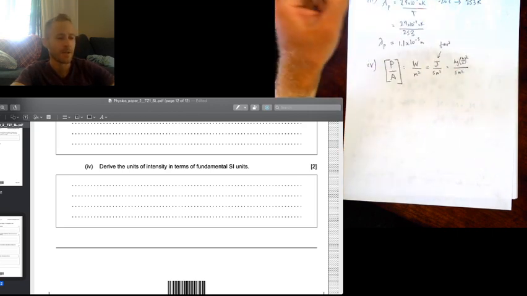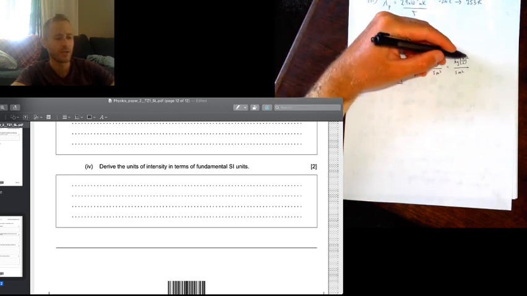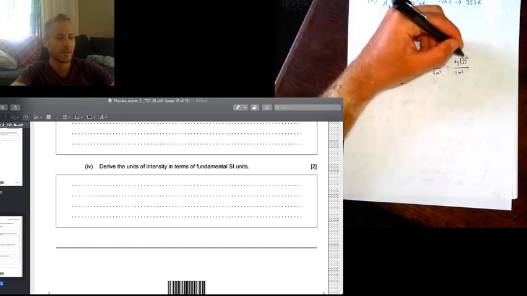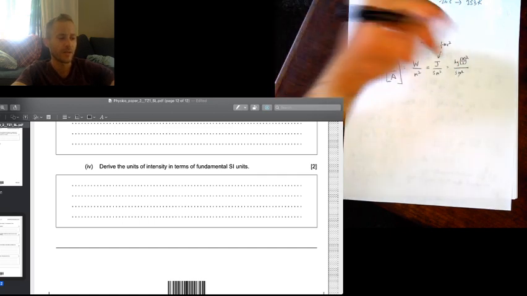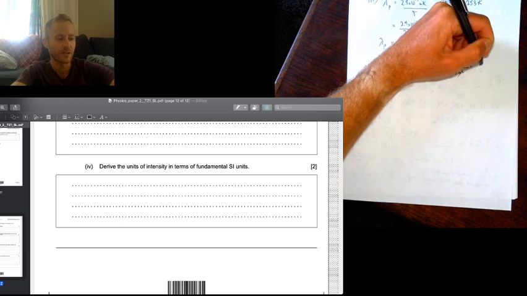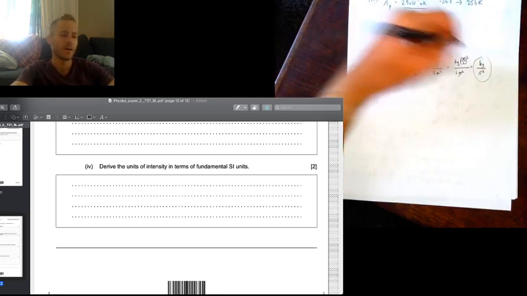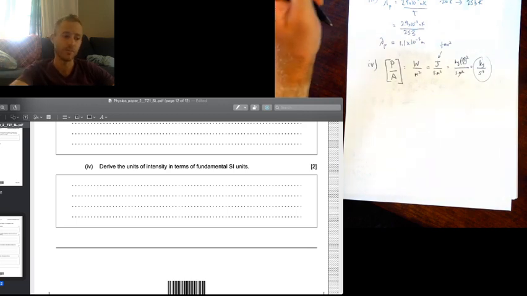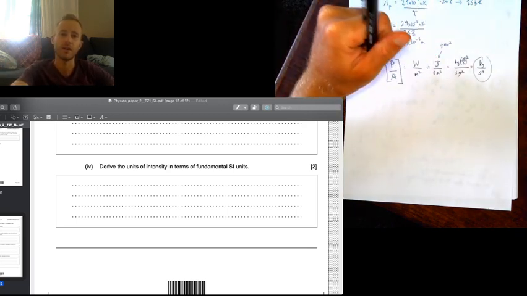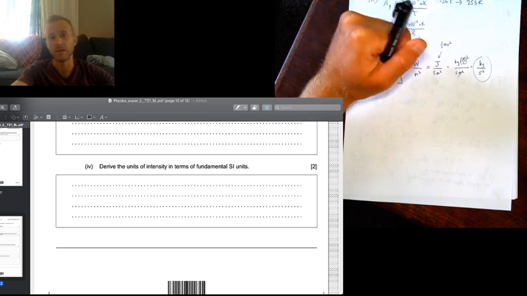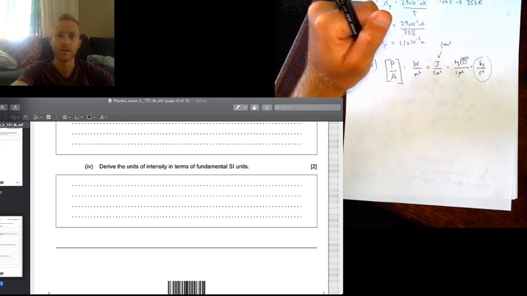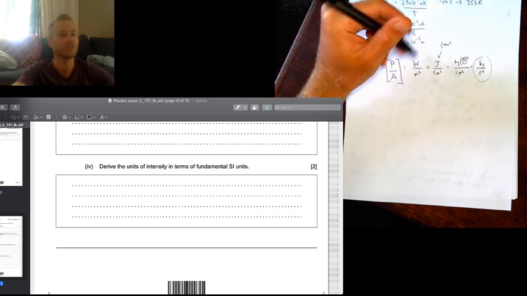So I can see that the meters will cancel, and then with the seconds, I have kilograms over seconds cubed. That would be the answer. Kilograms, meters, seconds, Kelvin, amps, those are the fundamental SI units.